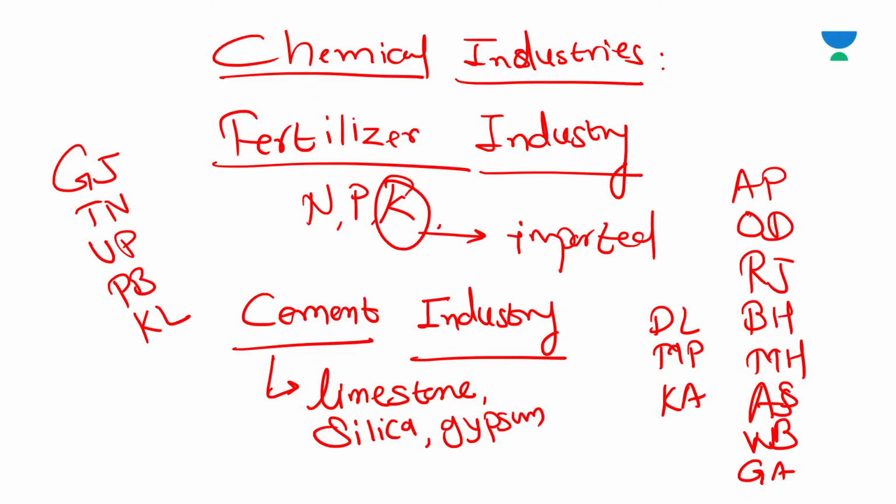The cement industry has strategically located plants in Gujarat that have suitable access to the market in the Gulf countries.